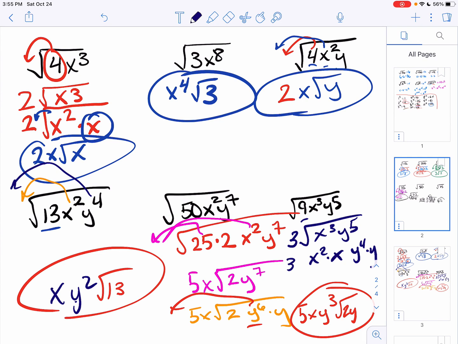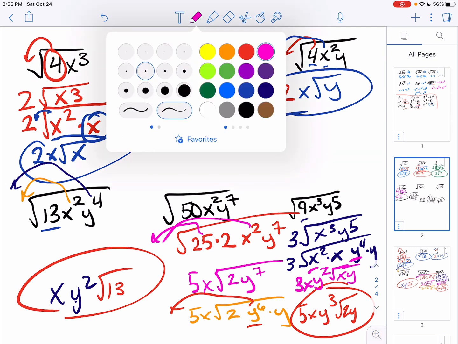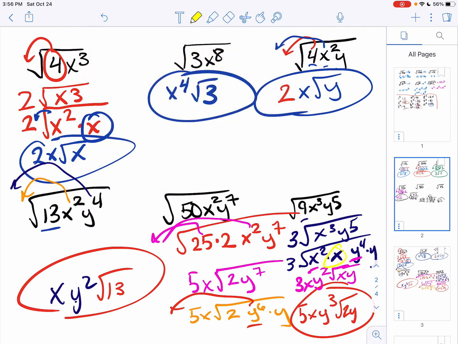And I'm doing that because now I have a perfect square and a perfect square. So I can take the square root of x squared, I get x. And I can take the square root of y to the 4th, and I get y squared. And then what's left inside my radical is my x and my y, right here. So that is my answer.